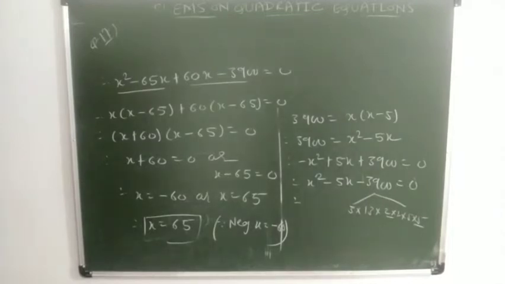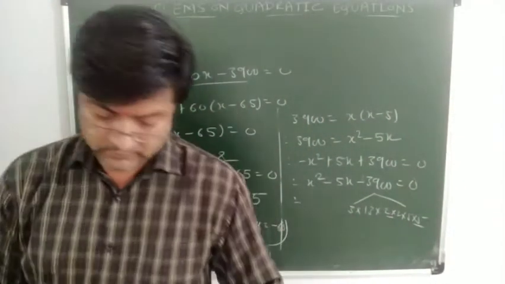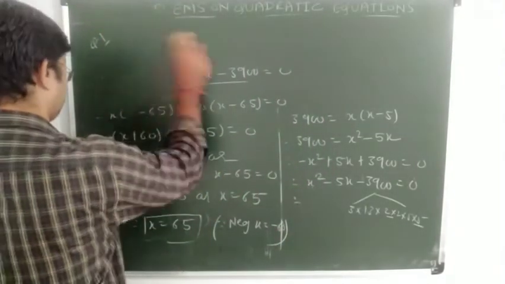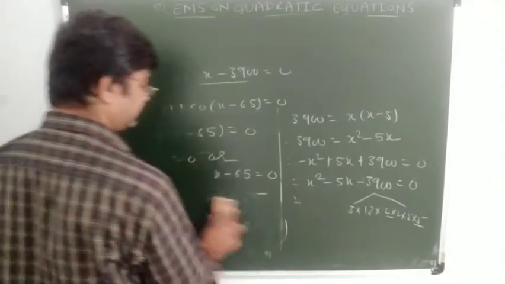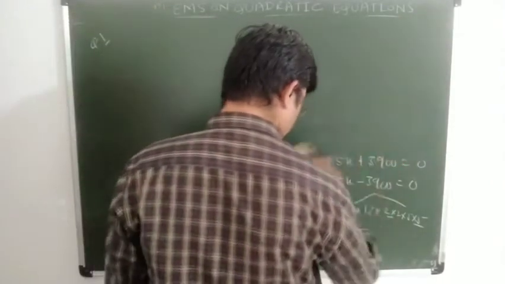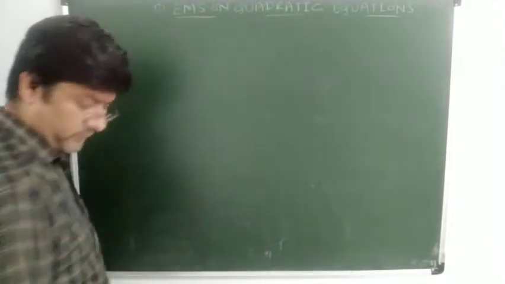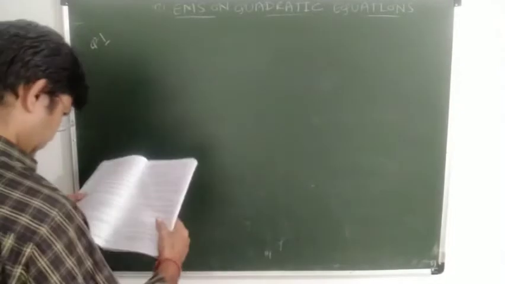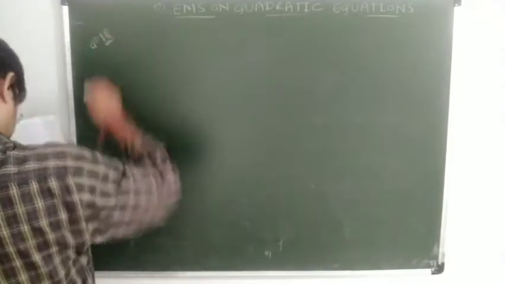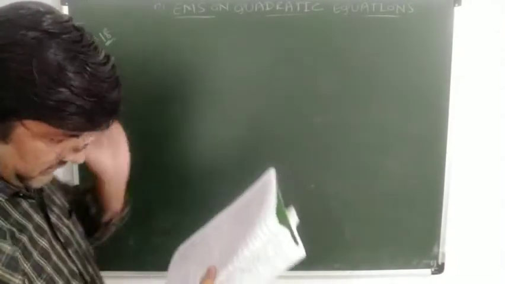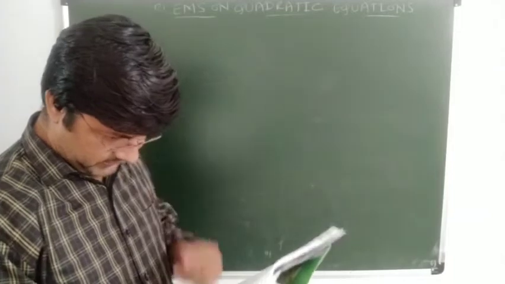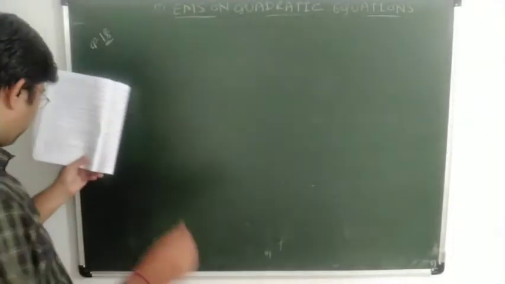Now let us solve question number 18. The distance by road between two towns A and B is 216 kilometers.